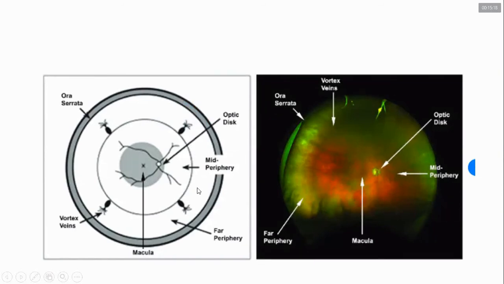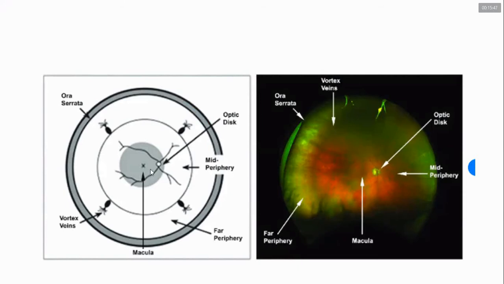So during ophthalmoscopy, the landmarks which you will see are like this. So this is the ocular fundus. Here you will see the optic disc. This is the macular area, a little bit laterally and inferiorly, about 3 millimeters lateral and 1 millimeter inferior.